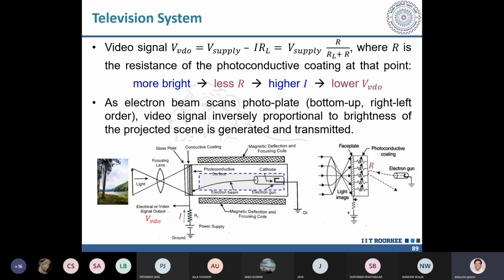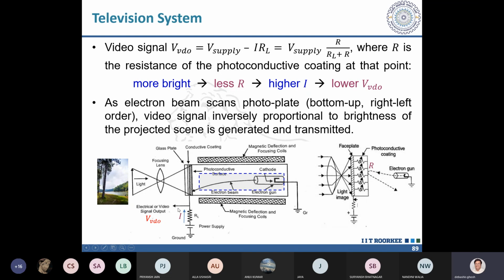Okay, you have a photoconductive surface. The schematic diagram is something like this: you have a cathode with an electron gun, and the electron beam falls on this photoconductive surface. This surface is connected to the ground through a resistor, and there is a power supply. The video signal is generated and taken out as the output from this point.